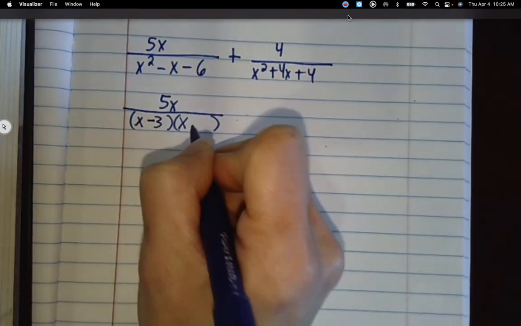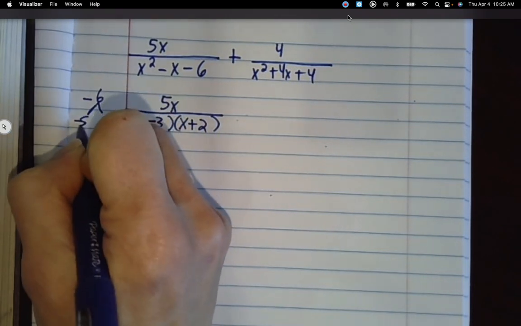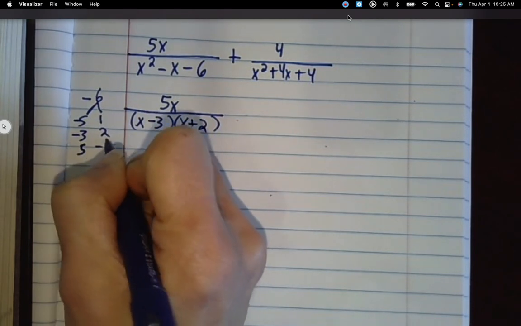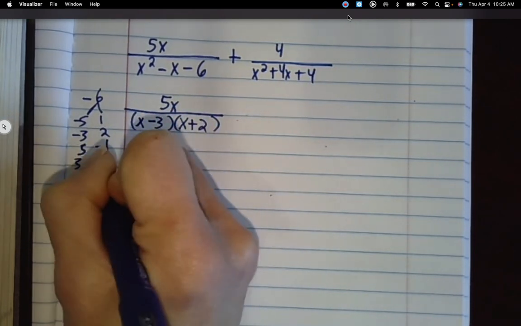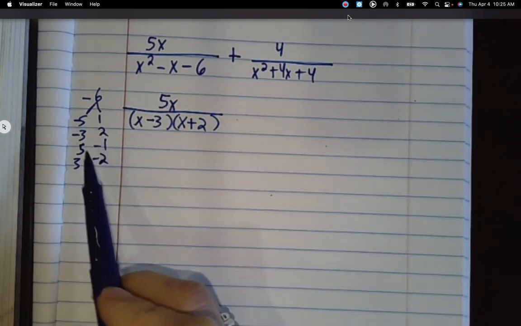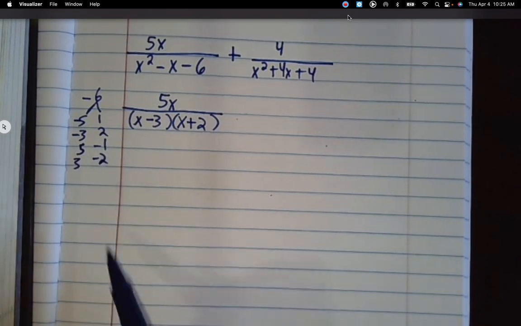Negative 3 and a positive 2. And if you need to, y'all, just come to the side. List them if you need to, right? And then which ones add up to negative 1? Well, it's going to be the negative 3 and the 2.